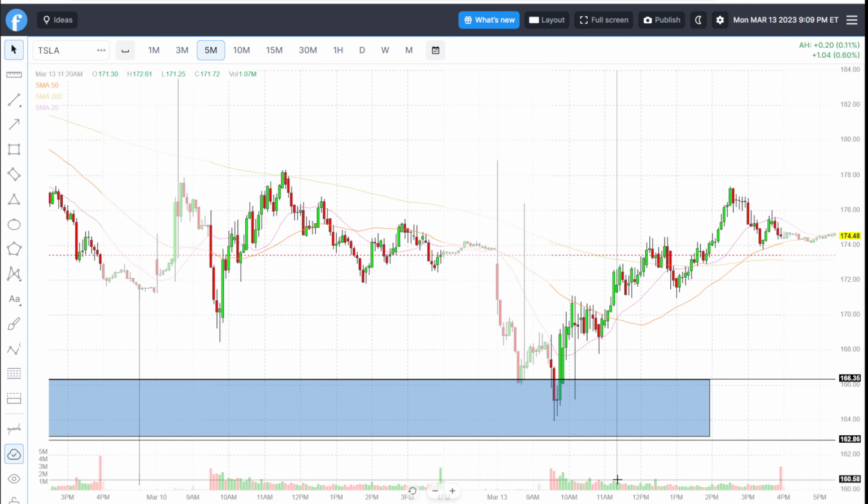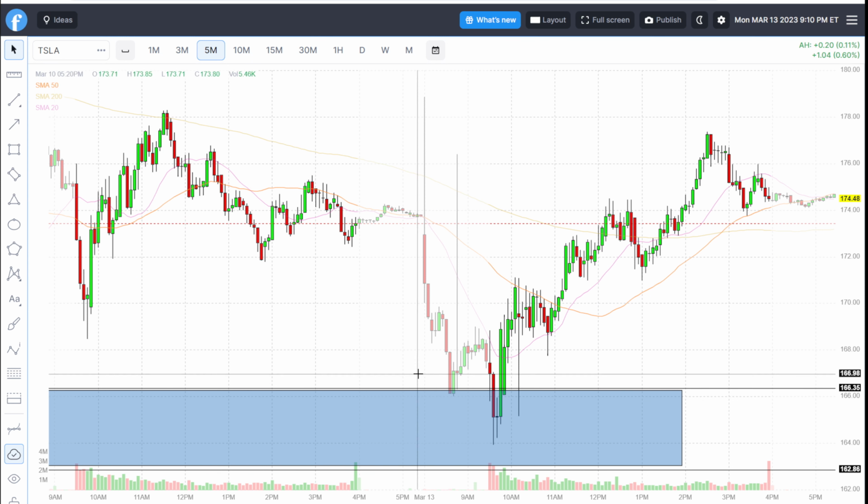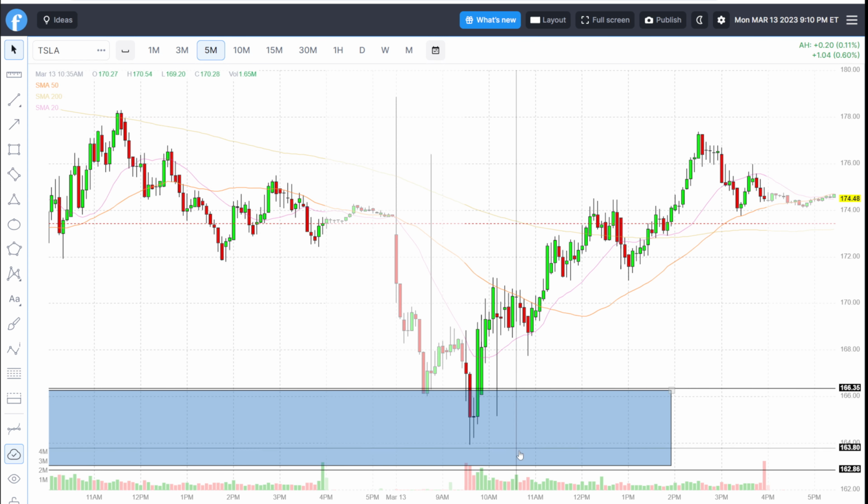Yeah, so I have this area here, about 164. For that trade, I was taking probably $1 risk per trade, and the profit target I wanted was probably $5 or more. And look at the move.